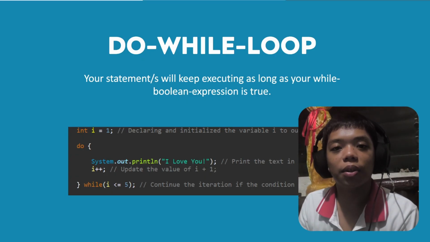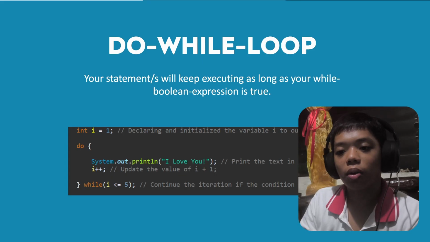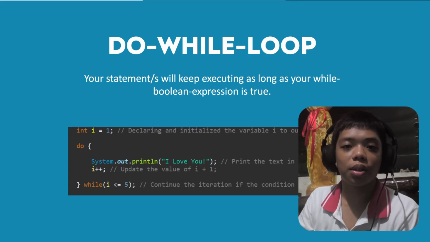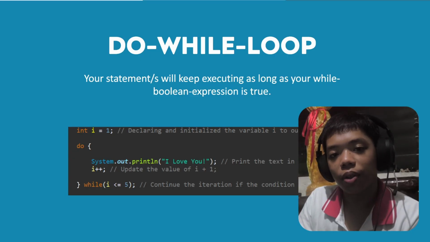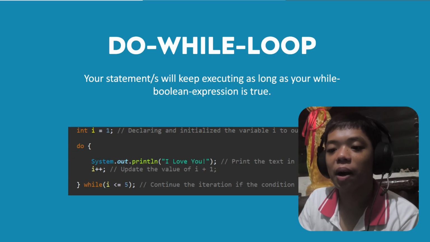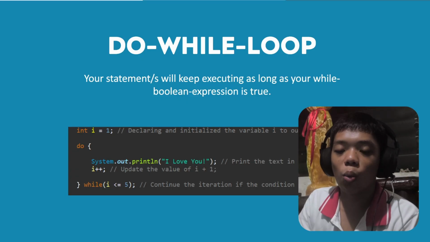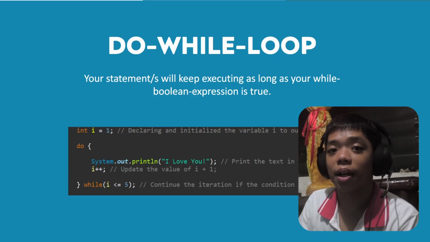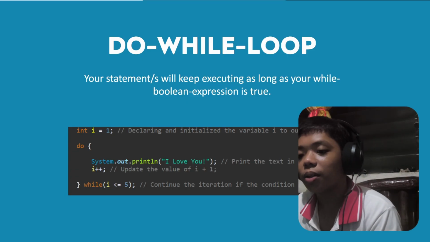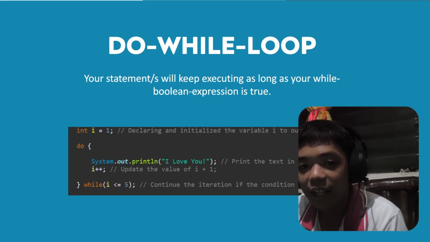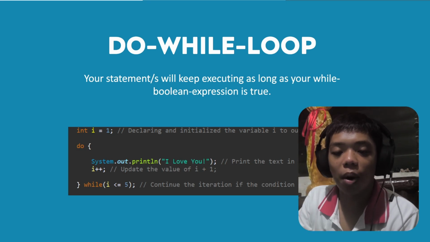After the body of the do while loop, it will go to the Boolean expression, which is beside the keyword while. Inside the Boolean expression, I is less than or equal to 5. Meaning 1 is less than or equal to 5. That is true. Now, it will go back to the scope of the do, and then it'll execute the body.